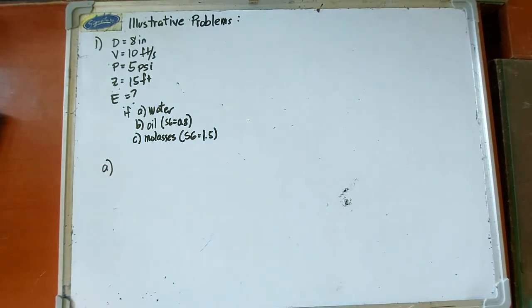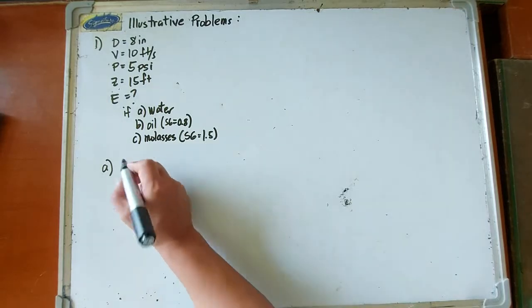If the liquid is water, what would be the total energy? And let's try to compare the differences later on. What would be the energy produced when the liquid is water, oil, or molasses? We will compare the results later on.